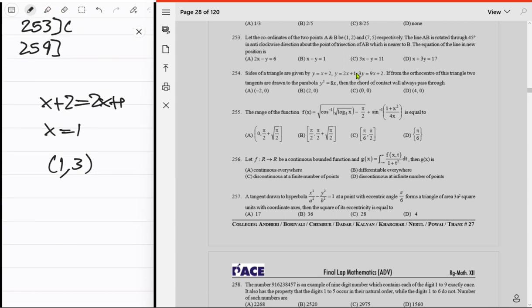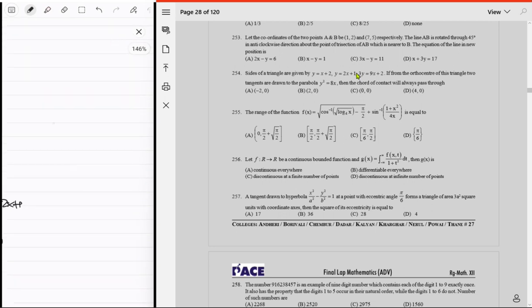And what else? We just call this out, y equal to x plus 2, and the second line we used, y equal to 2x plus 1, and the third line will be just 3y is equal to 9x plus 2. It can also be y equal to 3x plus 2/3 basically, whatever.